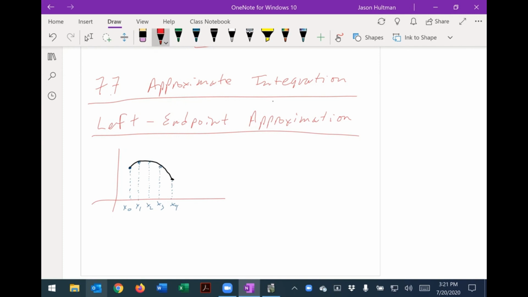So if I get some rectangles here, then this is the height of that rectangle, that's the height of that rectangle, this is the height of this rectangle, and this is the height of this rectangle. This is called my left endpoint approximation.